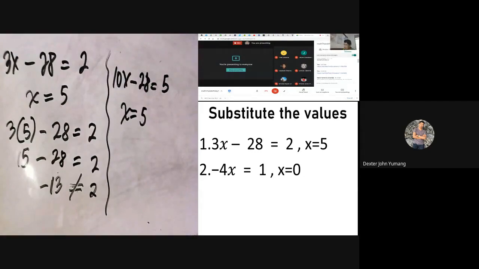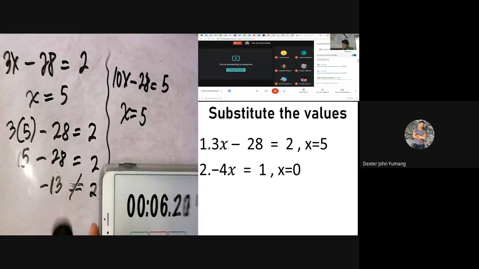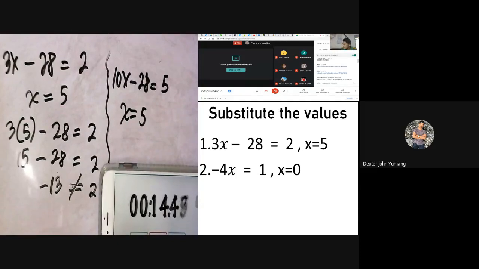Is it equal or not equal? Okay, I'll be giving you 2 minutes. Your time starts now. Just type in the chat box whether it is equal or not equal.